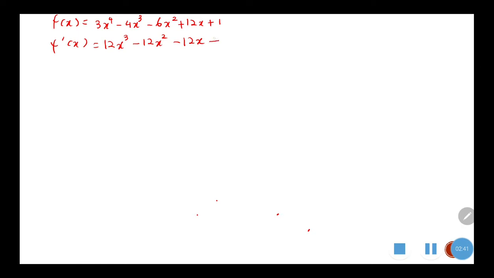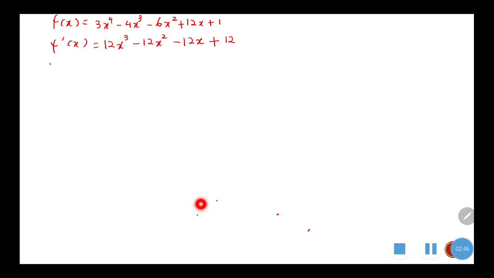So now let's try to solve this together. f(x) is 3x to the power of 4 minus 4x cubed minus 6x squared plus 12x plus 1. So f prime x is 12x cubed minus 12x squared minus 12x plus 12.